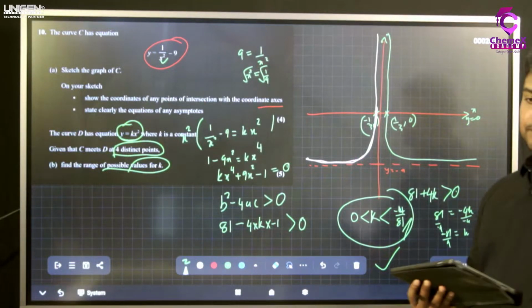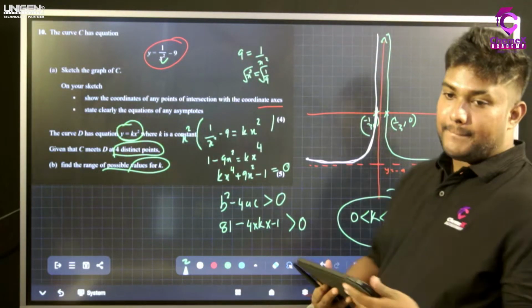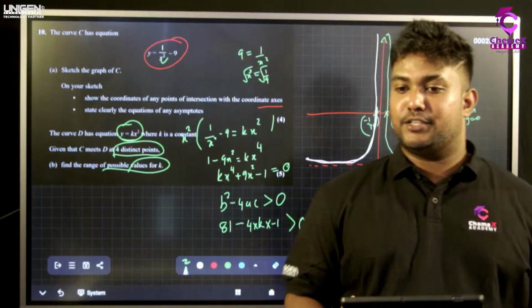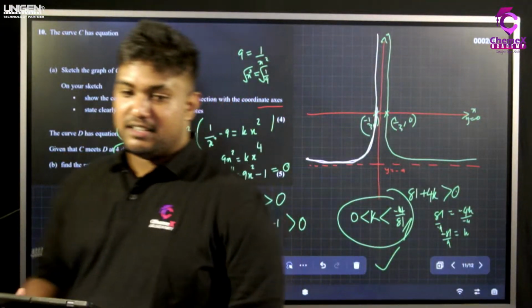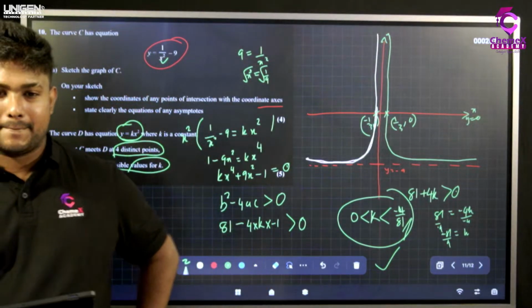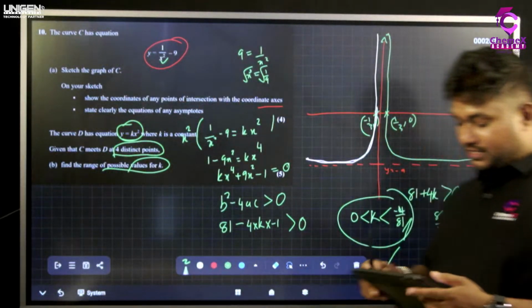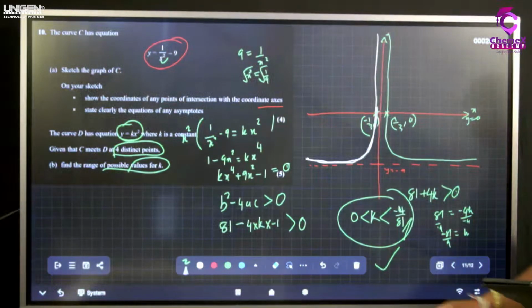Any questions? Anyone has any questions? Aman, Janiru, Ling, Namika, Vivek, any questions you all have? No, sir. Okay, everything is clear. So that's the last question of the paper. Is it hard?